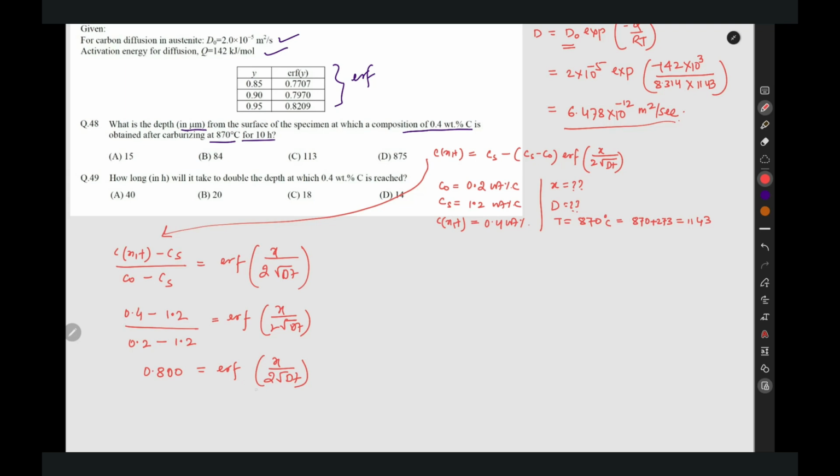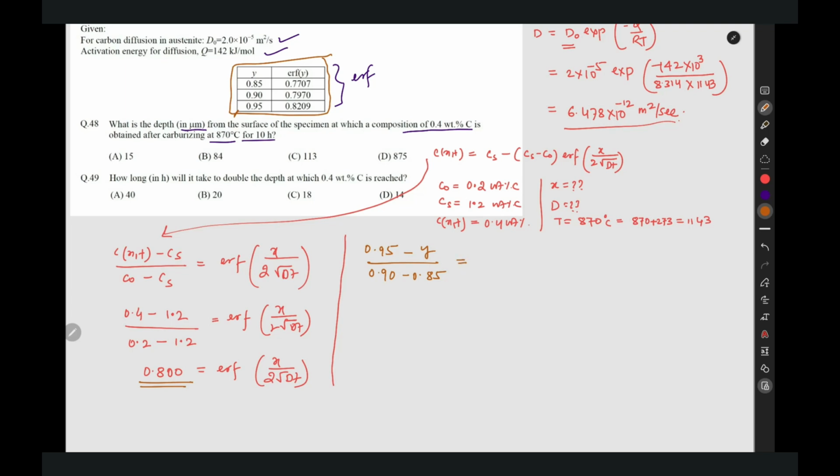We have to calculate the value of the error function argument. So we will use the given information and the interpolation method to find where erf equals 0.8. We will calculate 0.95 minus, let's suppose the value to determine is y, divided by 0.90 minus 0.85.